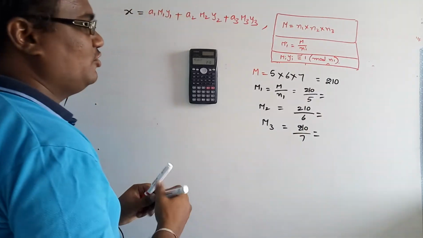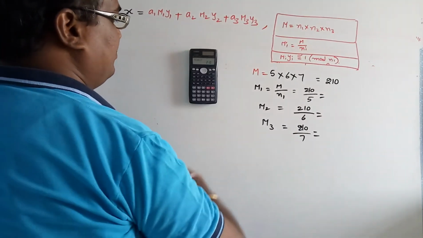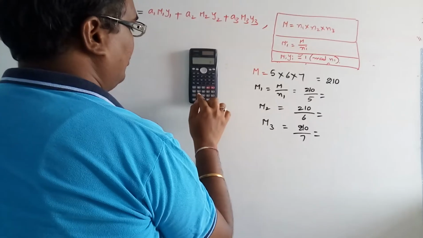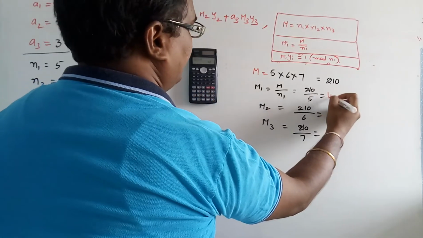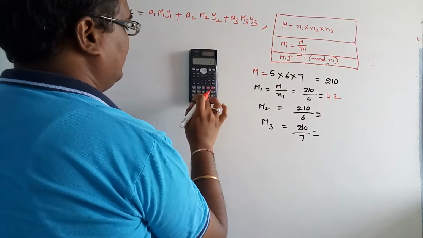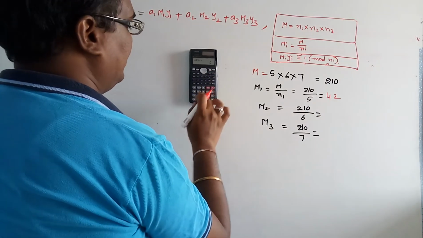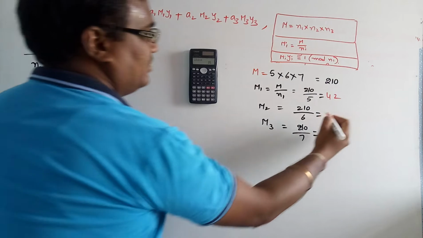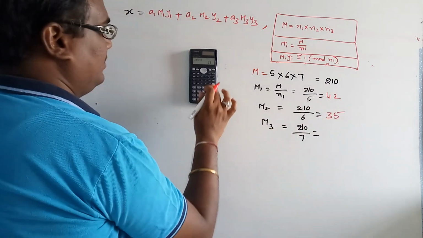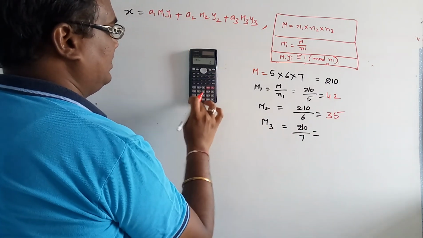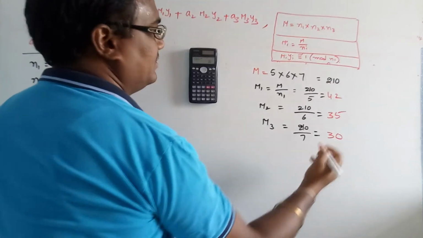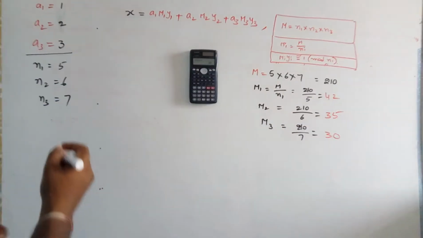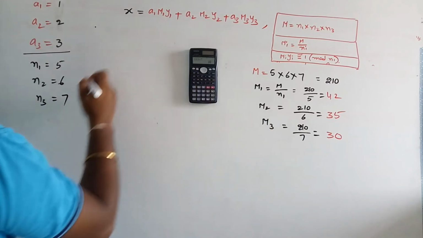So 210 divided by 5 is 42, 210 divided by 6 is 35, and 210 divided by 7 is 30.